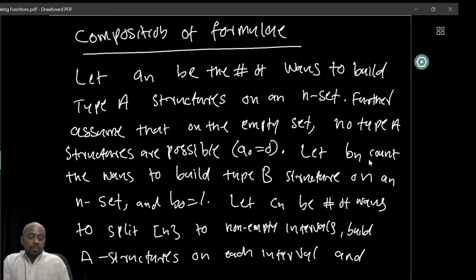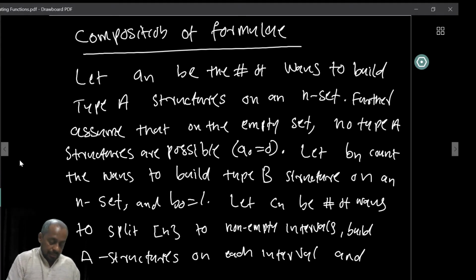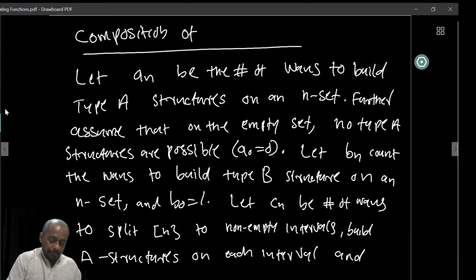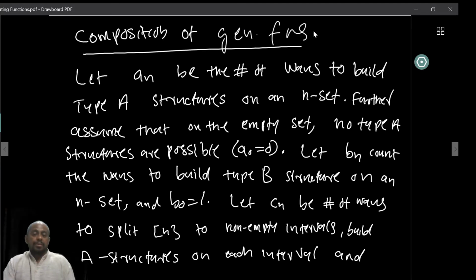Now we look at the composition of generating functions. Now let's say that an is the number of ways to build type A structures on an n-element set, and we will assume that there is no construction of type A on an empty set.